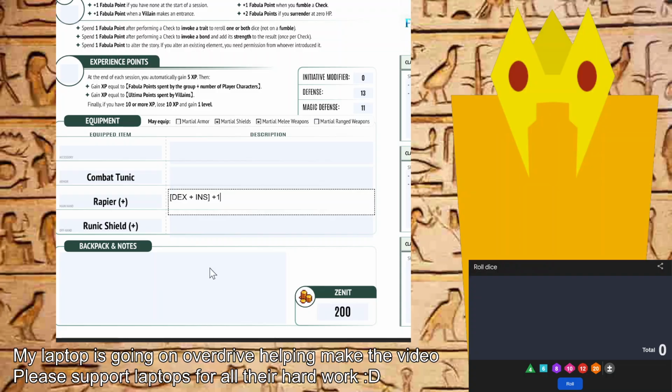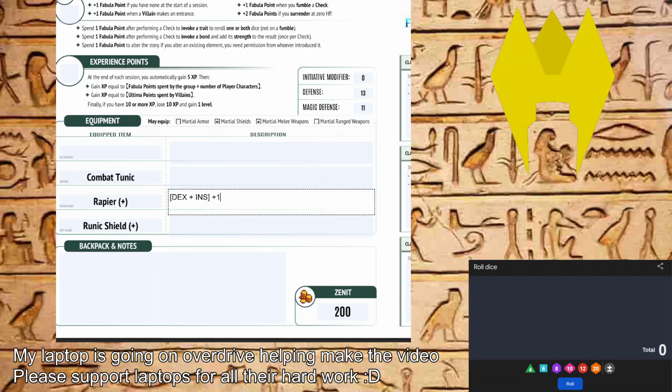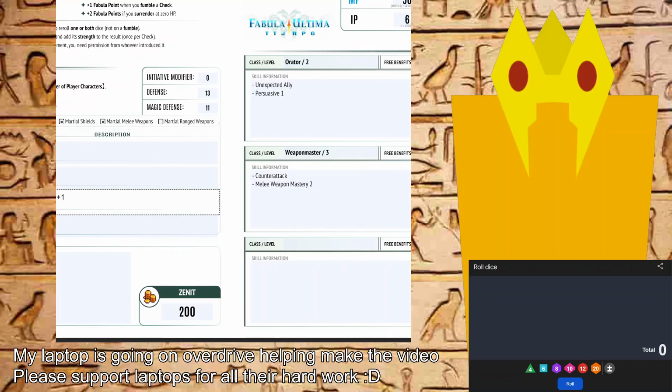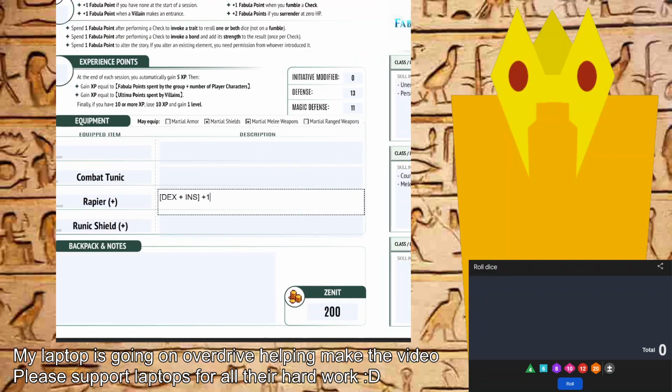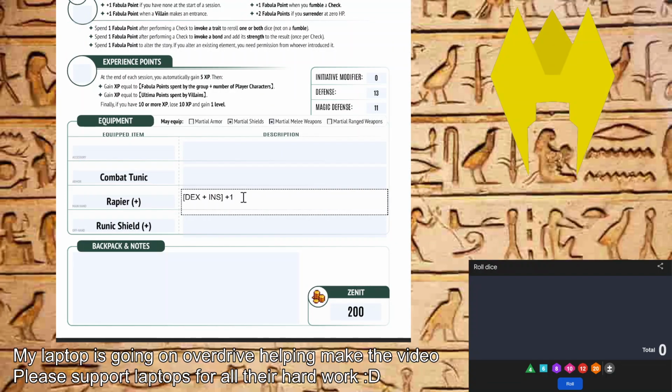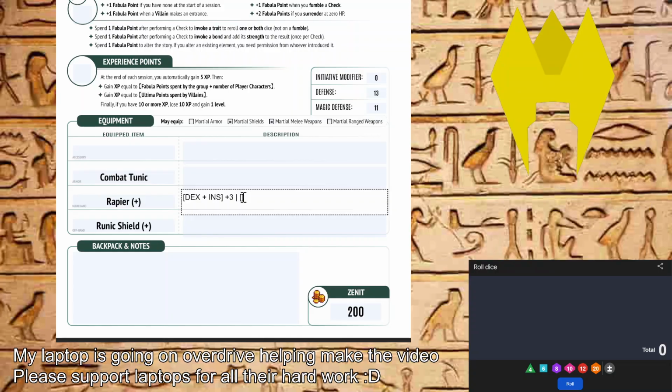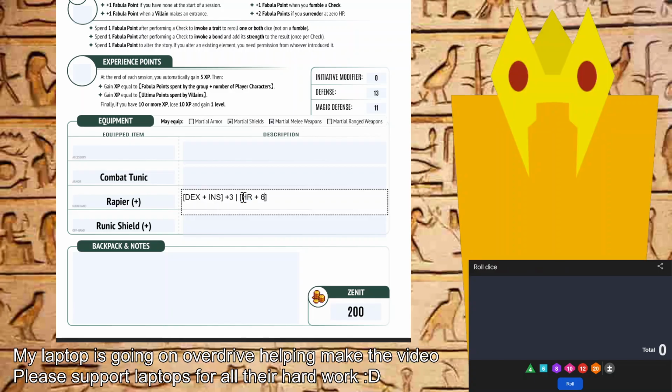However, due to our melee weapon mastery 2 skill, our accuracy check increases by its level, so really it is a 3 now. And the damage output is the high roll plus 6 physical damage.